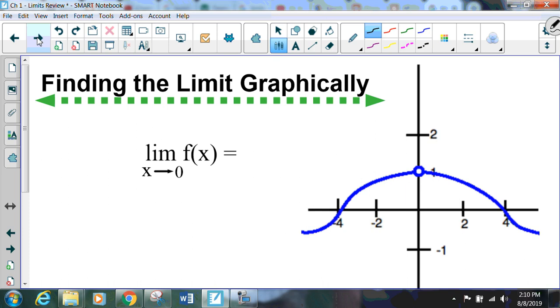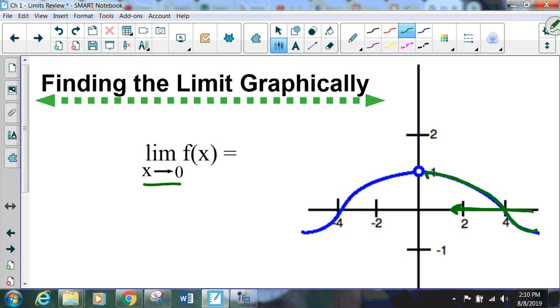Here we go. The limit of this function as x approaches 0. We're going to look as x is approaching 0 from both the right and the left side. As x is approaching 0 this way, we're going to look at the height of the graph. The height of the graph is the y. So as x is approaching 0 from the right, look what the height of the graph, or the y value, is doing.